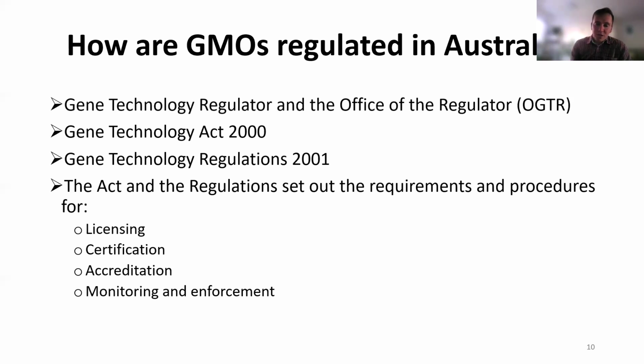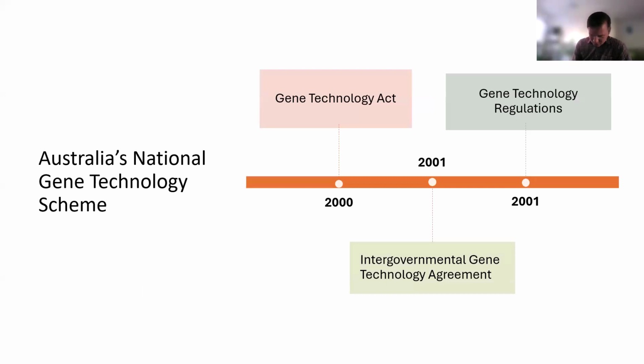And the Gene Technology Regulator and the Office of the Regulator are the main government bodies dealing with these requirements and procedures. Simply speaking, you need a license for GMOs if you're going to deal with GMOs in Australia, and the first step would be to go to the Gene Technology Regulator with an application for a license.